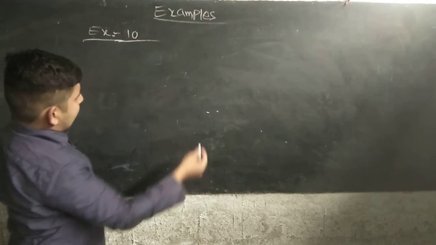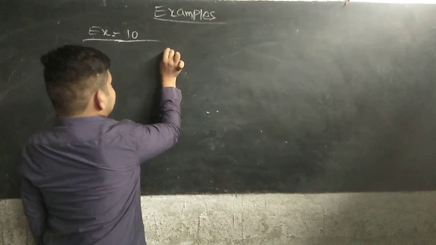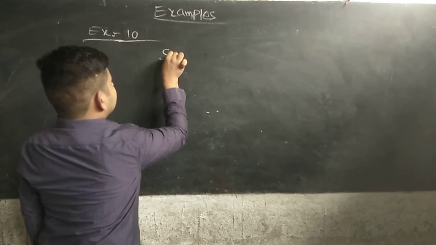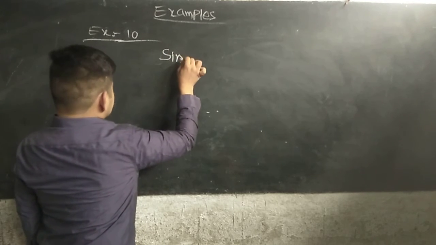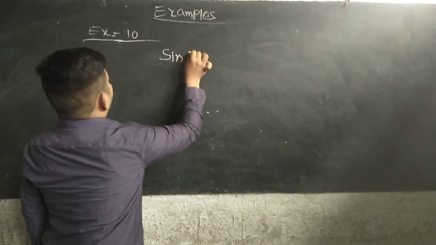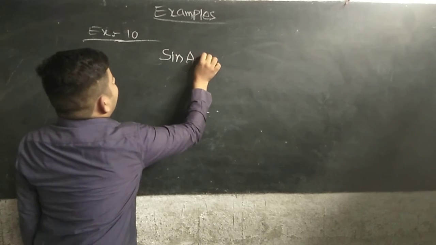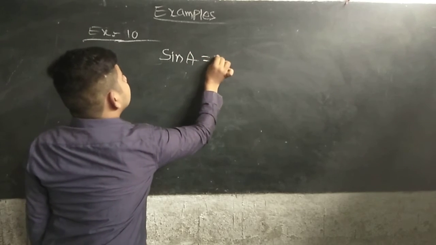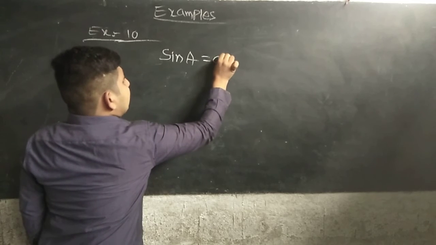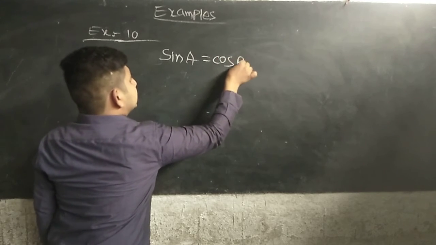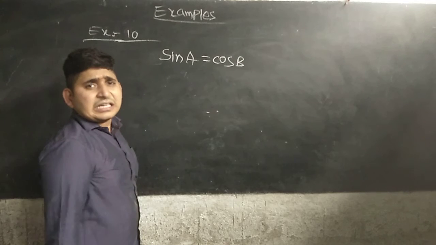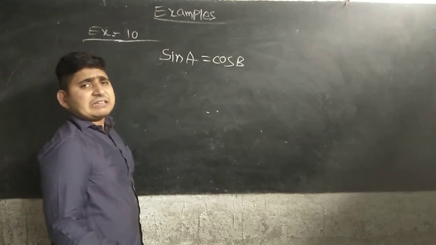What is given? If sin A equal to cos B, then prove that A plus B equal to 90 degrees.